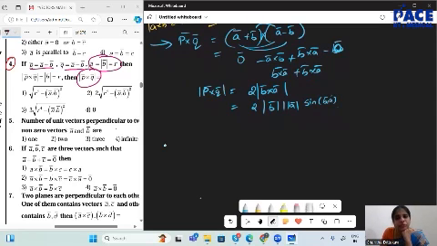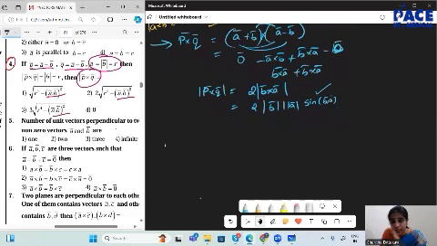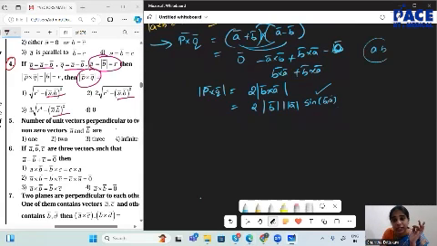So I need to change my strategy again here. Sine of angle between these two, but options are all in A dot B, and A dot B always deals with what? Mod A, mod B, cos theta, isn't it? So hence I need to change this sine theta to cos theta for my proper substitution there.